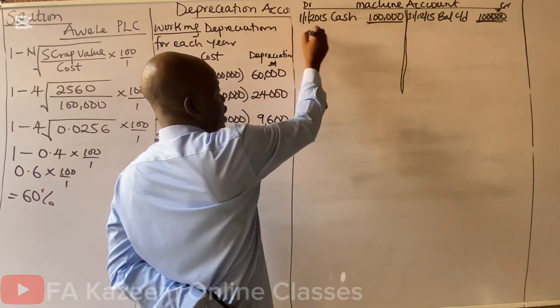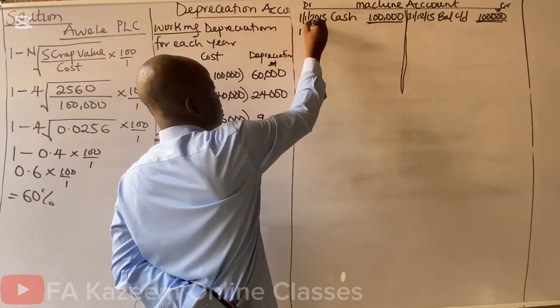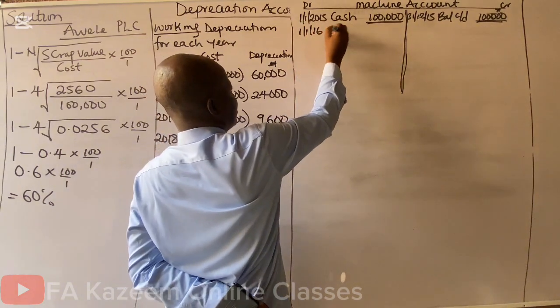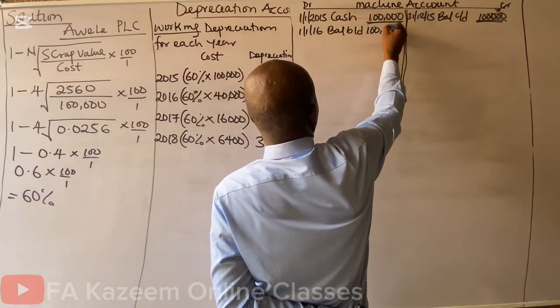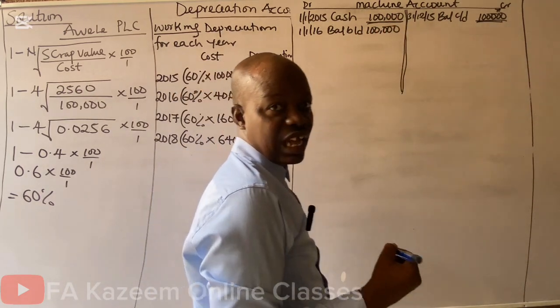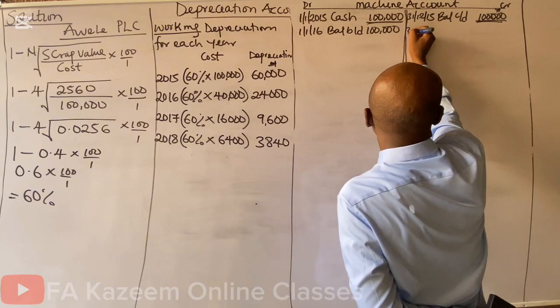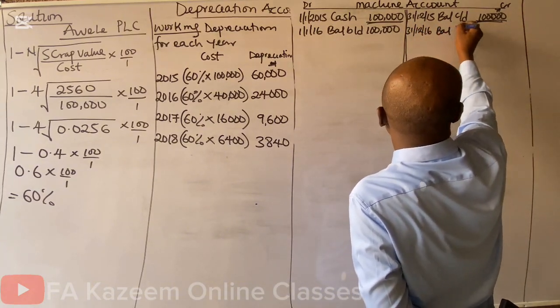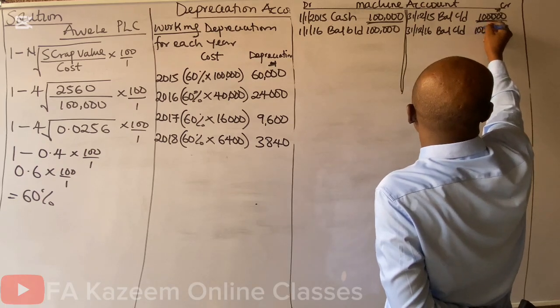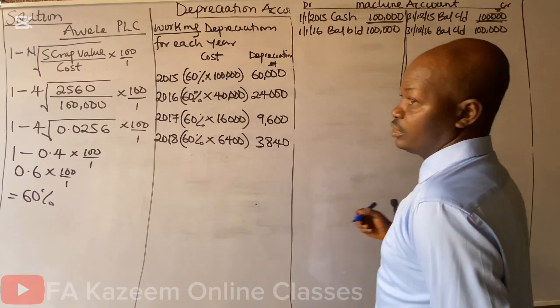When you go to the second year, first 2016, balance brought down 100,000. At the end of the second year, 31st 12, 2016, balance carried down 100,000.